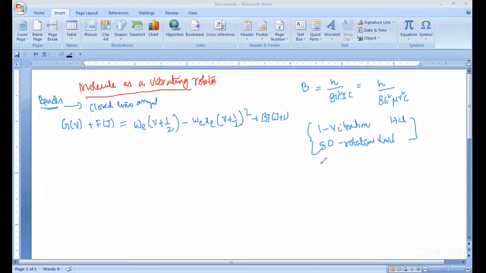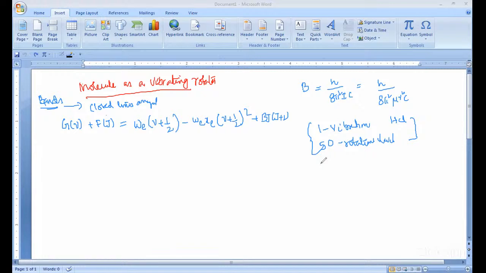Whenever a transition occurs between two vibrational levels, it will be accompanied by a number of transitions between the corresponding rotational sets, because under one vibrational transition we have about 50 rotational levels in the case of HCl.